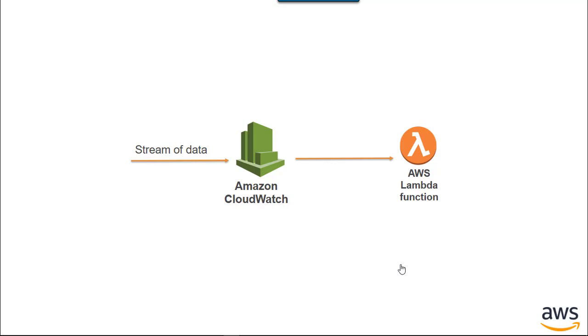When there's a security leak, you want to do something about that. Amazon CloudWatch is integrated with AWS Lambda, and you can invoke a Lambda function when certain events happen. The beauty of that is you can now reactively take actions when certain events happen or when certain entries appear on CloudWatch.